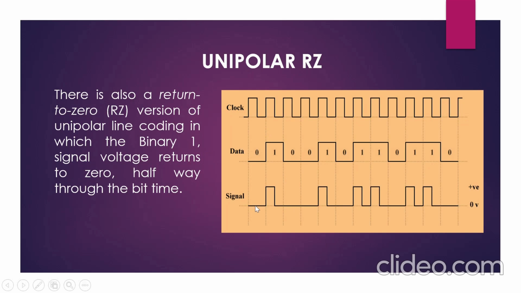So 0, 0 is represented by 0 voltage. Then for 1 you will have a transition, but in the middle of the bit time you would again come down to 0, return to 0, and then make the representation of the next bit, which is 0. So 0, 0, then there is a 1 and the transition in the middle of the bit time, as we already discussed.